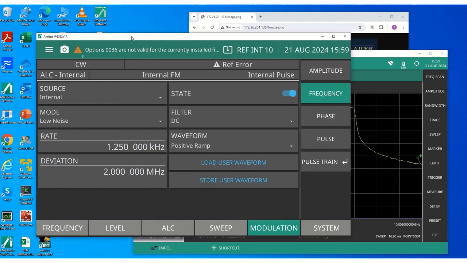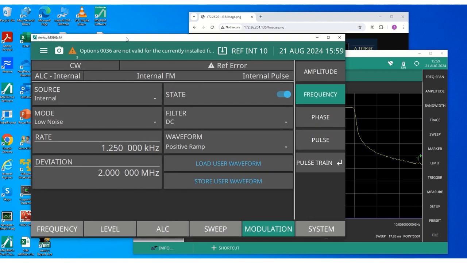Now I'll also show you what it looks like in the time domain.